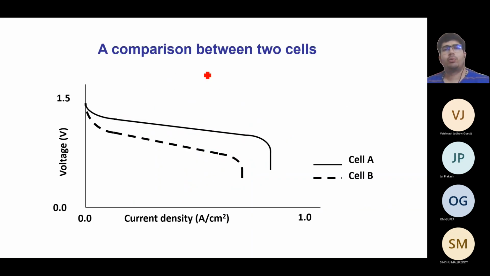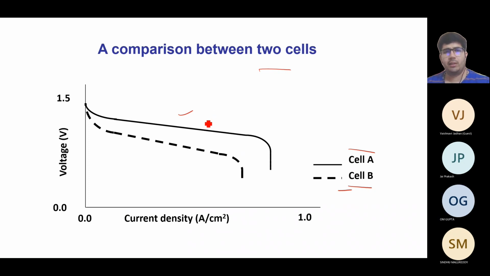So suppose there are two cells, cell A and cell B, and these are their polarization curves. Our aim is to select the cell which has a good polarization curve. From these two graphs we can see cell A has a more stable curve with high voltage as compared to cell B. Whenever we have two cells and have to decide on one for our particular equipment, we will see the polarization curve for both cells and select based on that.